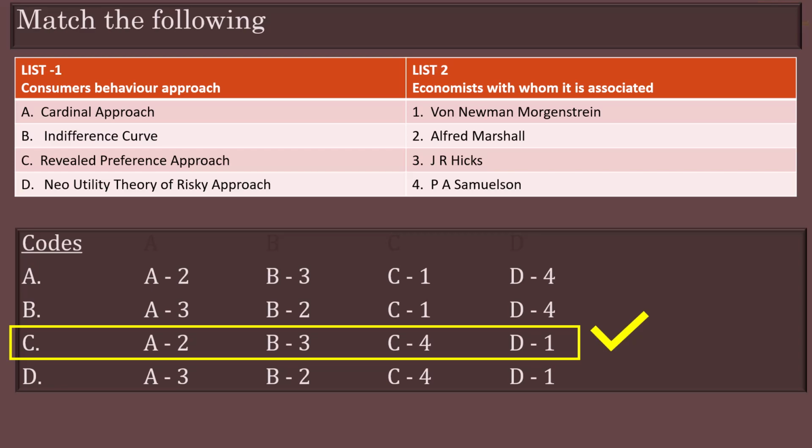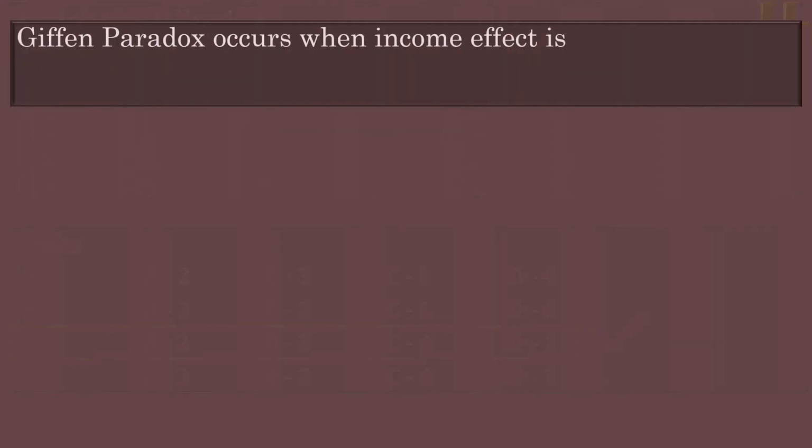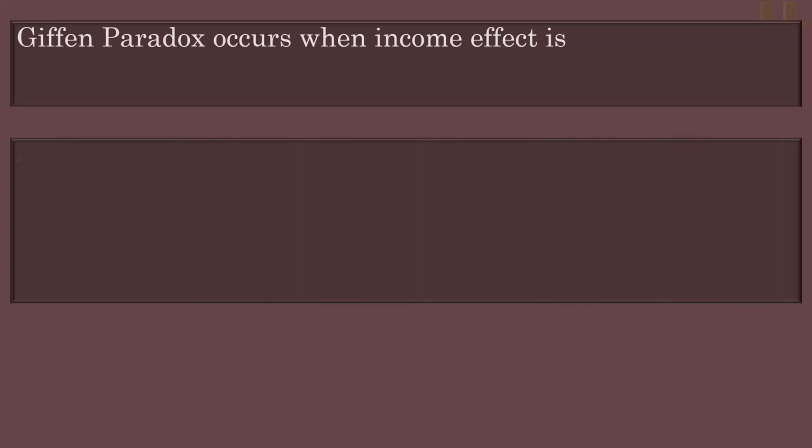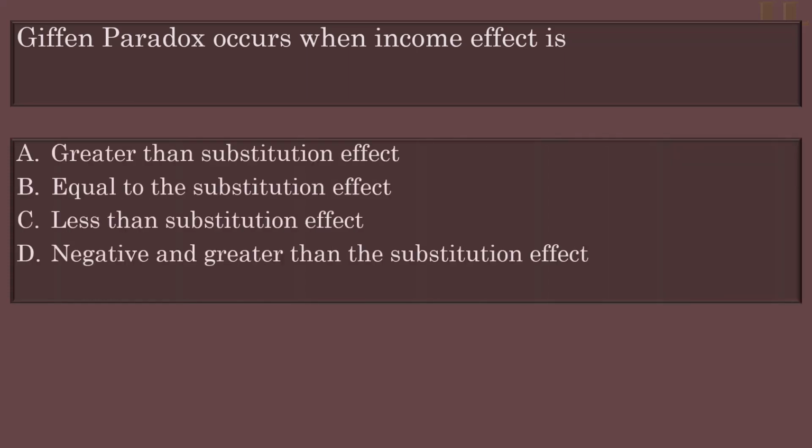Given paradox occurs when income effect is greater than substitution effect, equal to substitution effect, less than substitution effect, negative and greater than the substitution effect. So when compared with the income effect, how is substitution effect? By comparing income effect with the substitution effect, you have to decide the given good or given paradox.